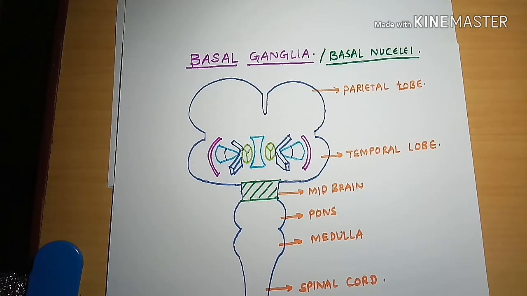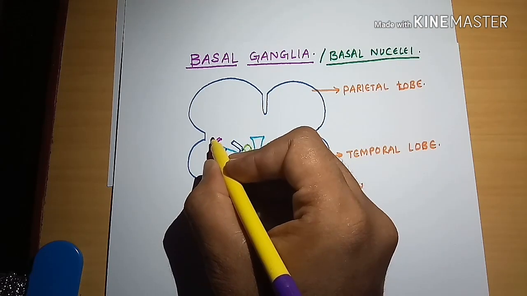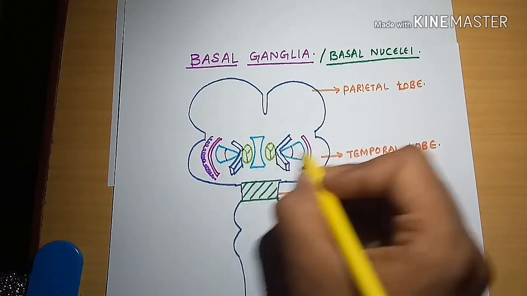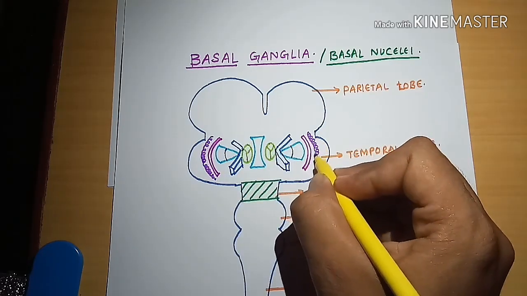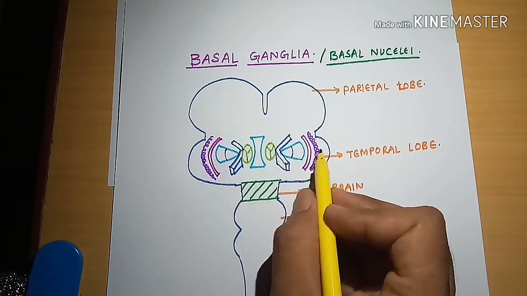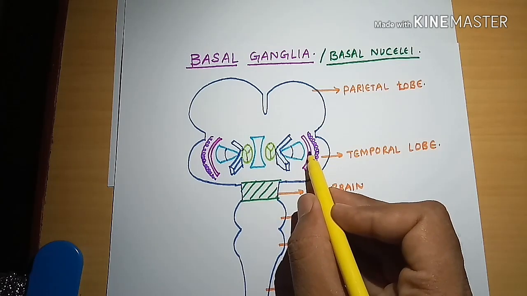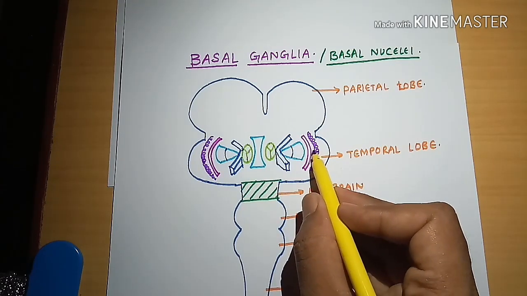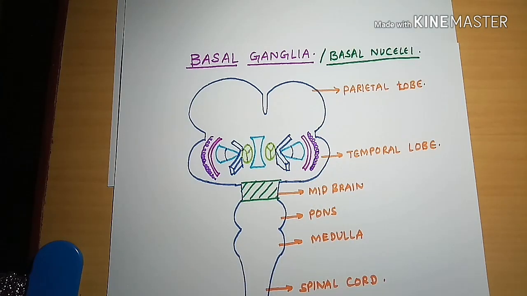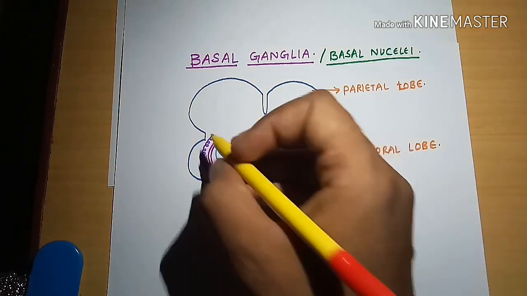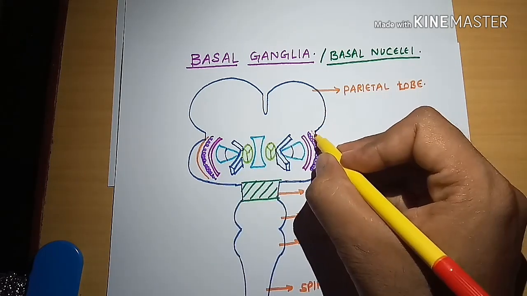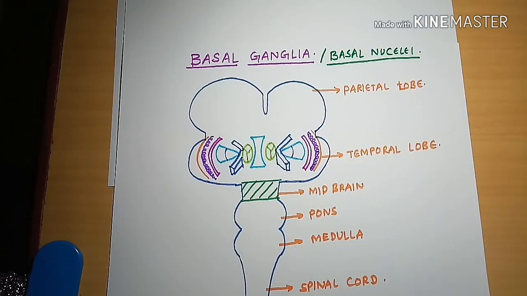This mass of gray matter, just lateral to the external capsule, is called the claustrum. More lateral to the claustrum there is another white matter, called the extreme capsule.